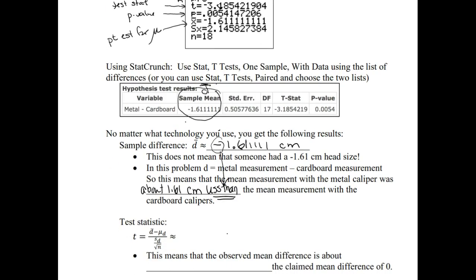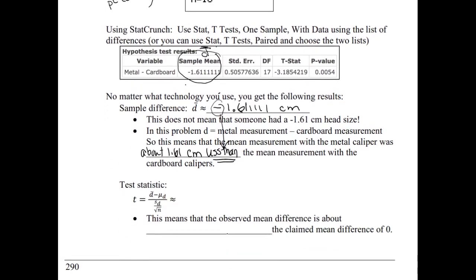All right, so in all of our technology there, here is our sample statistic d bar, and for our test statistic, we're going to take that value of d bar, minus mu sub d, which in this course is always 0. And then we're going to divide that by S sub d, which, if we go back up to the output screen and get S sub x, was 2.145827, divided by the square root of our sample size, which was 18.